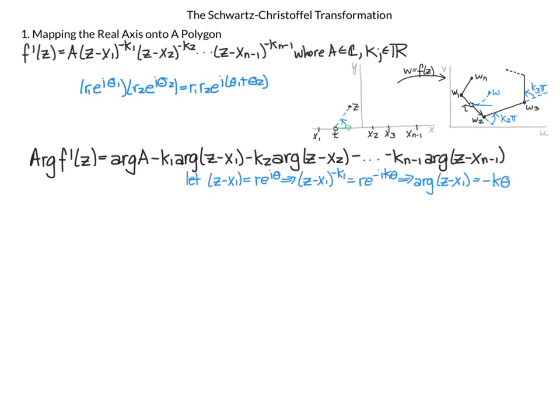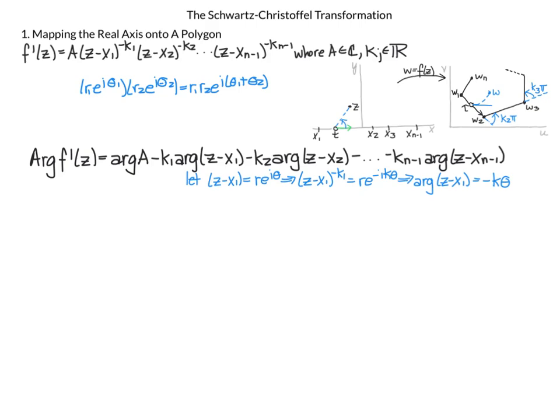So again, if we have z minus x1, if that's the complex number r e to the I theta, then z minus x1 to the minus k1, when we take r e to the I k theta, then the arg of z minus x1 is equal to minus k theta.